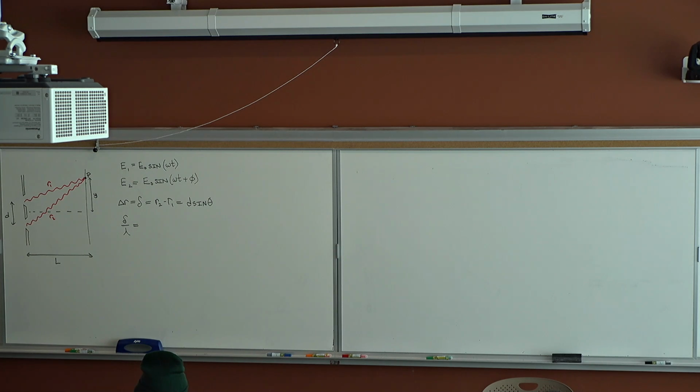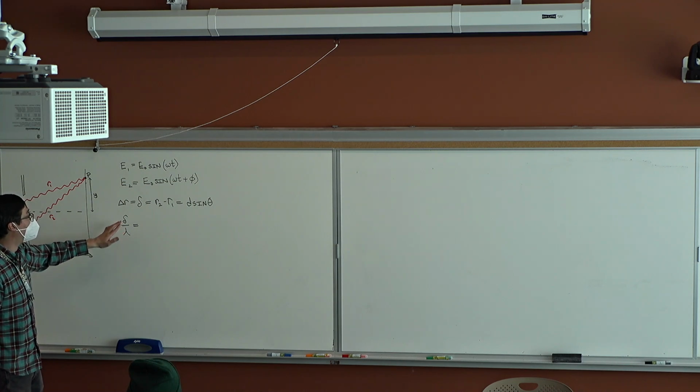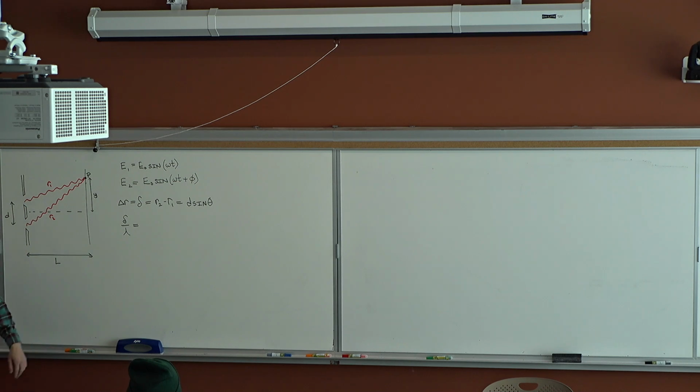So, this is like one of those analogy questions on the SAT or the ACT. This is to this as what is to what. Delta R is to a wavelength as phi is to what?